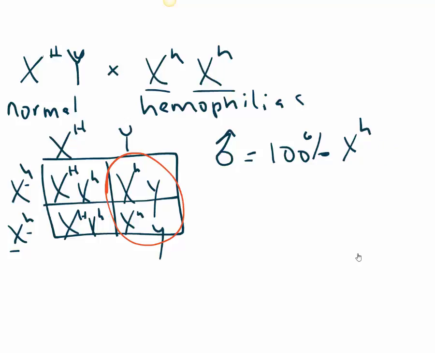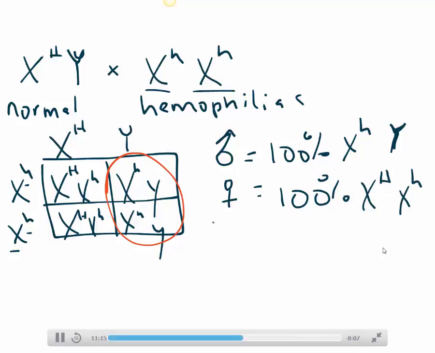My handwriting is not the best, I apologize. Anyway, X little h Y. And then of the females, we have 100% are going to be carriers with the big H and the little h on those X chromosomes.